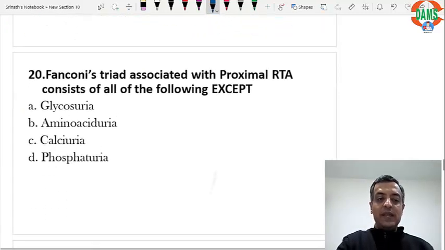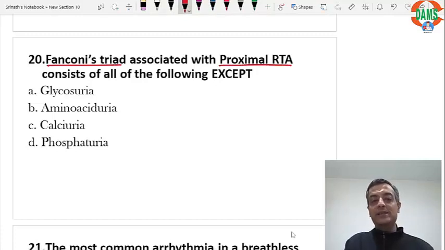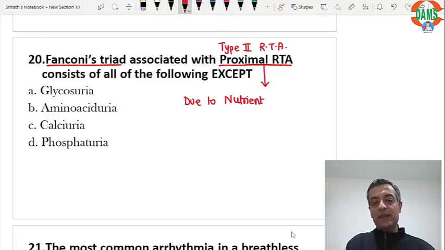Question number 20. Fanconi's triad, which is associated with proximal renal tubular acidosis, also known as type 2 renal tubular acidosis, occurs due to a nutrient reabsorption defect in the PCT, the proximal convoluted tubule.